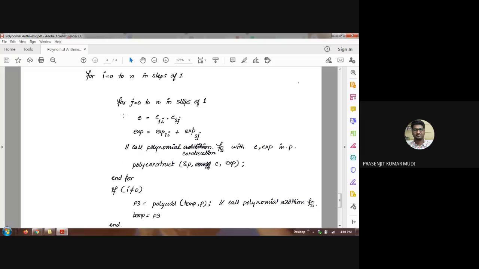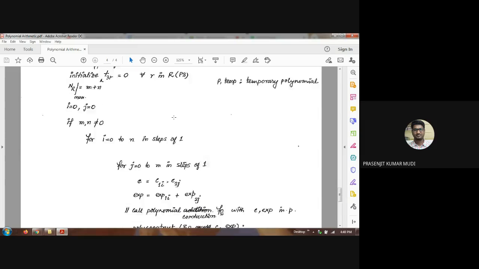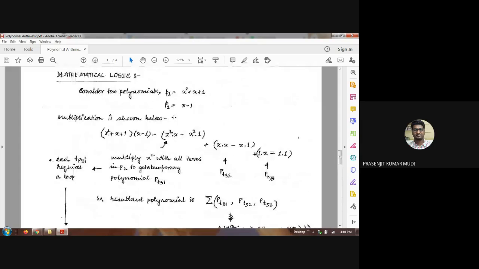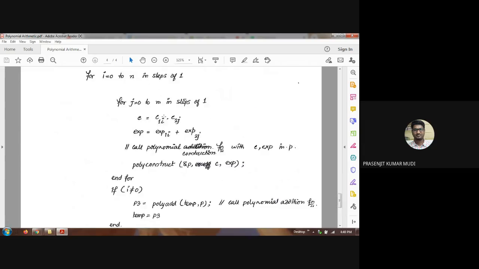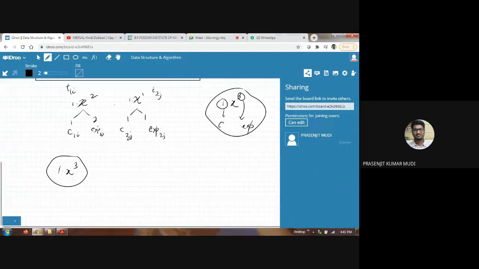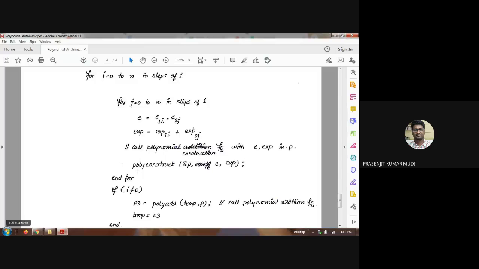Now let's come to second for loop execution. So now j equal to 1. So j equal to 1 means what will be happening? This thing, x square into minus 1. So what is the logic?